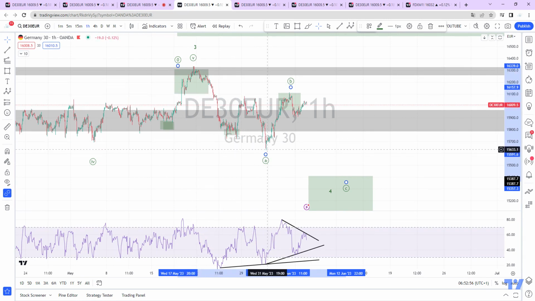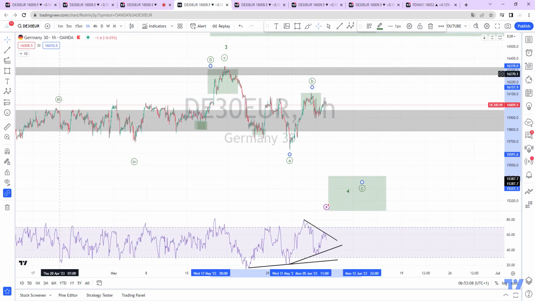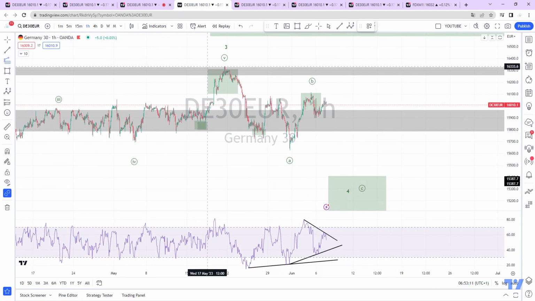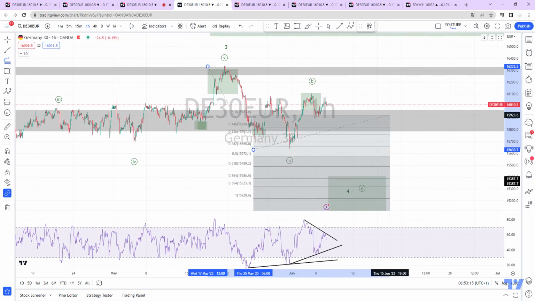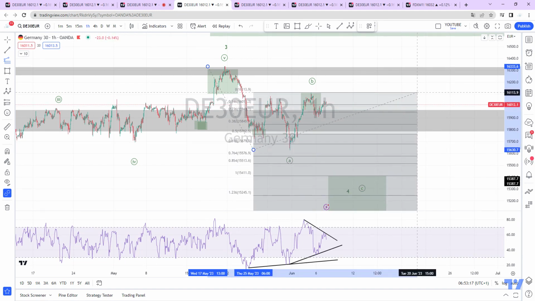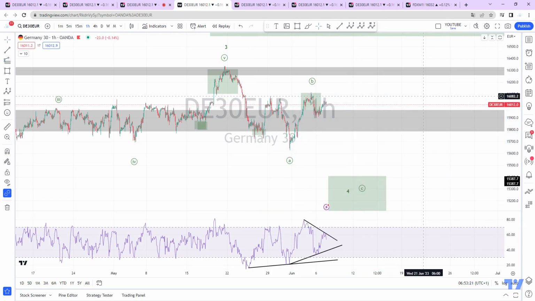A wave A, impulse to the downside, ends with divergence. Then we have our wave B up, and so that we are now doing from here a wave C to the downside. Then this becomes our area to go long, and you can find this area by taking the equal legs like this. This is also a possible scenario.